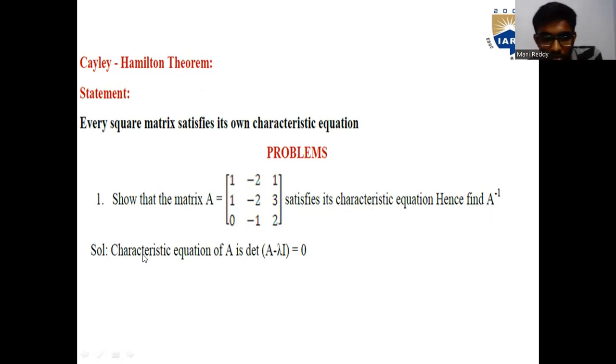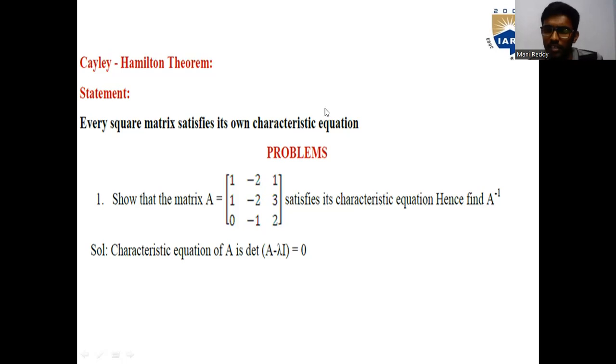First, the characteristic equation of A is the determinant of A minus lambda I equal to 0. Here A is the given matrix, lambda is a variable and I is the identity matrix. This is the characteristic equation. The Hamilton theorem's main statement is that every square matrix satisfies its own characteristic equation.